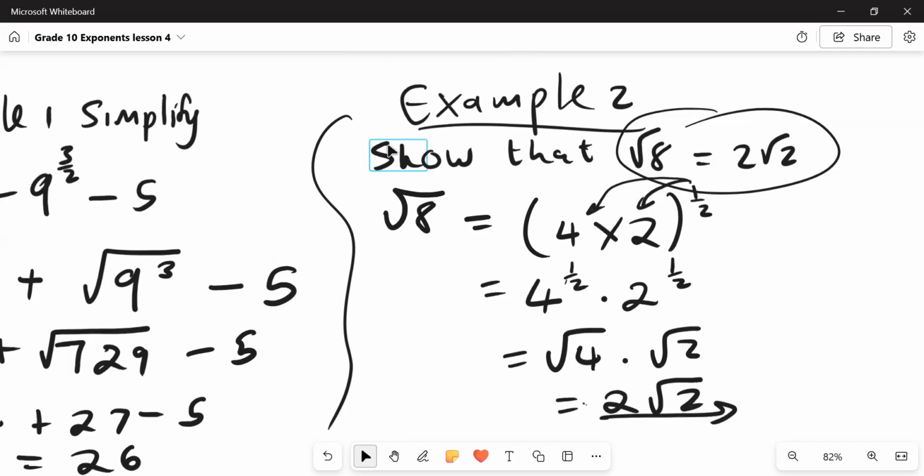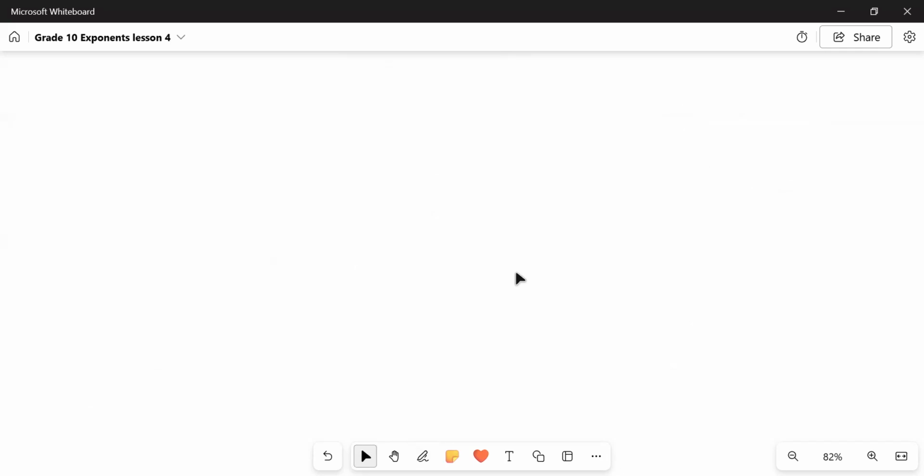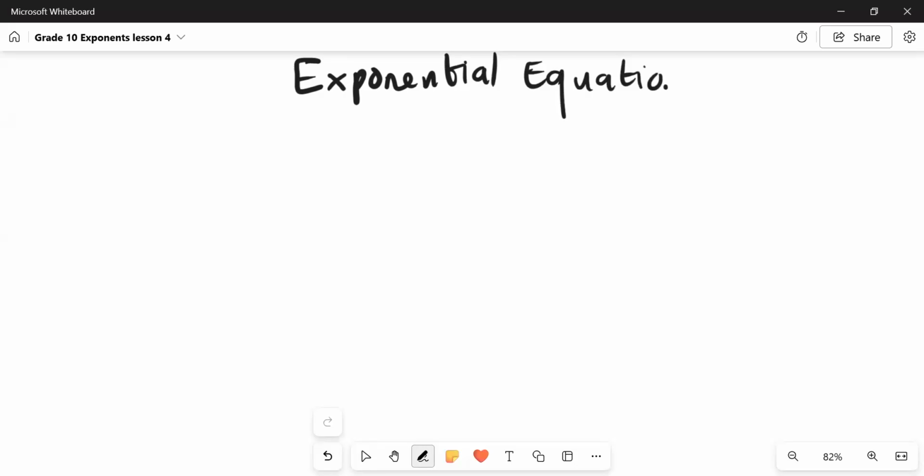Let's move to the next part now. Now we're moving to exponential equations. Equations involving exponents.